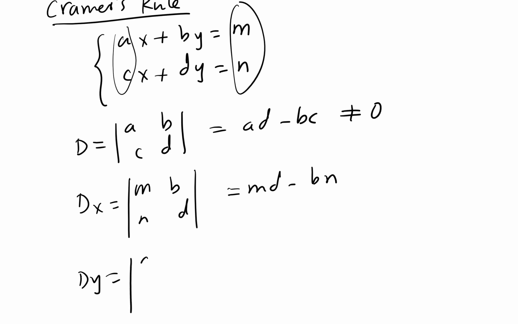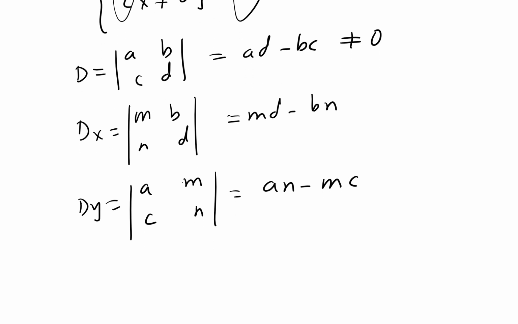Then you find Dy. Keep the coefficients of x the same, but since it's Dy, we replace the coefficients of y with m and n. So that's an minus mc. We teach this in algebra, like in middle school. After you find all this, remember we're solving for x and y.